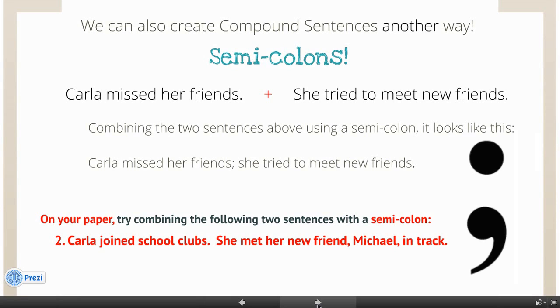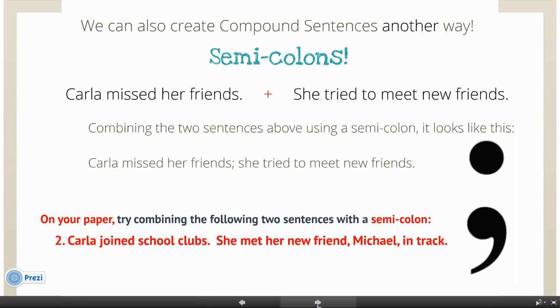We not only can create compound sentences using coordinating conjunctions to connect the two simple sentences, but we also can use semicolons. Semicolons are a very fun punctuation. So here's how to use them. As we see in the example, it's Carla missed her friends.